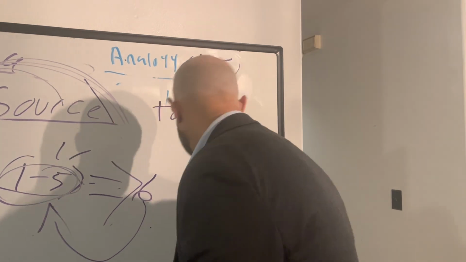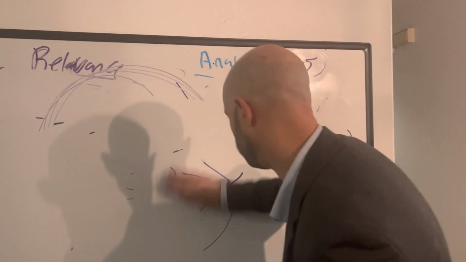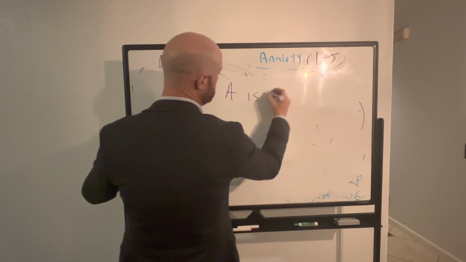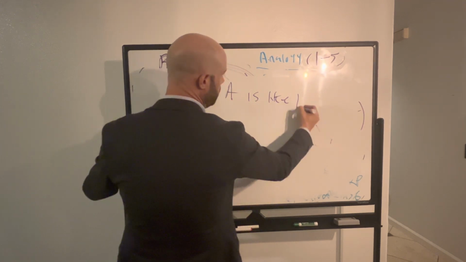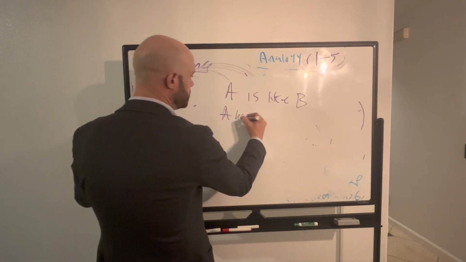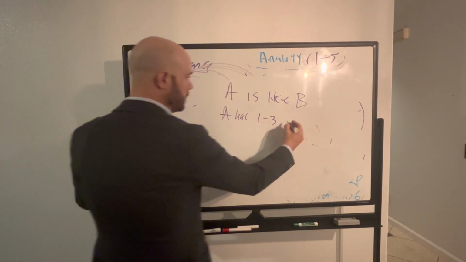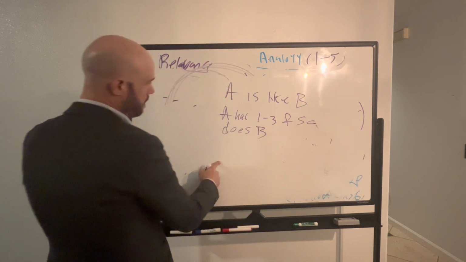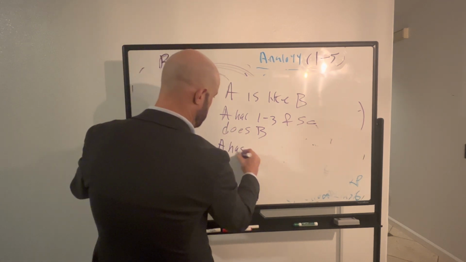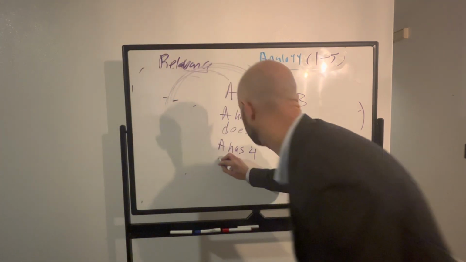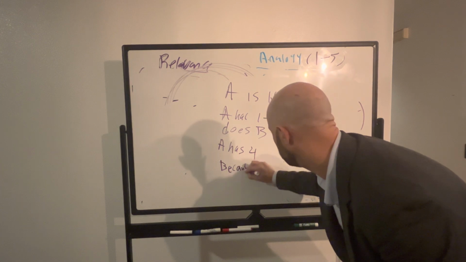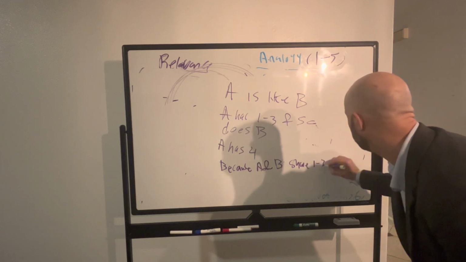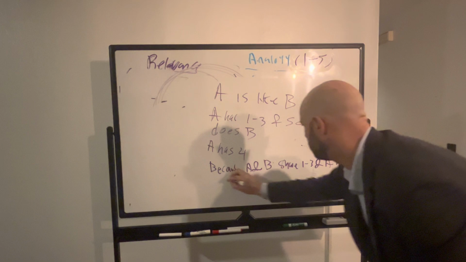So the analogy then goes like this. A is like B. A has 1 through 3, and so is B. A has attribute 4, because A and B share 1 through 3, and A has 4.